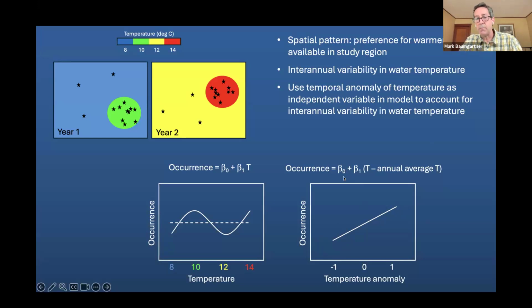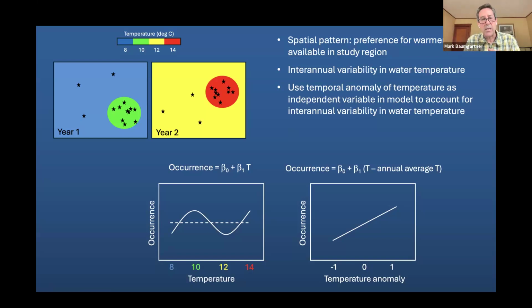And the only thing we've changed in this model is to take the annual average temperature and subtract it from the actual measured temperature. And then we get the truth.